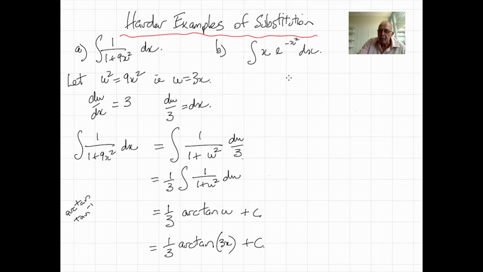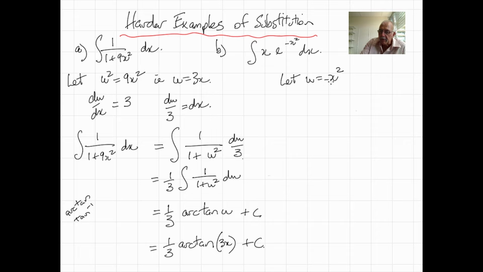The second one. Okay, we know the integral of e to the x is e to the x, so probably we're going to let u equal minus x squared, and that might help make this a little bit easier. So my substitution is let u equal minus x squared. Then we'll get the integral of e to the u, and that's an easy one. The integral of e to the u is e to the u from our table.